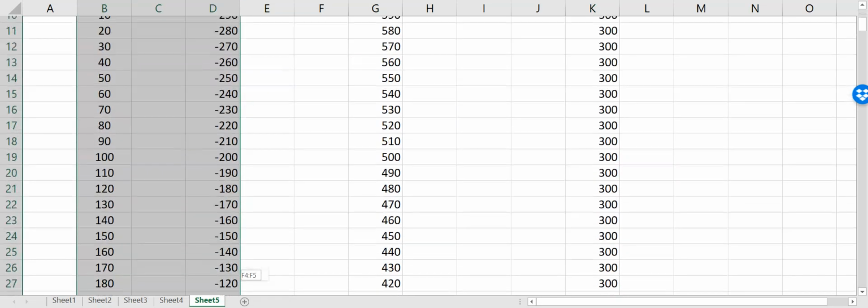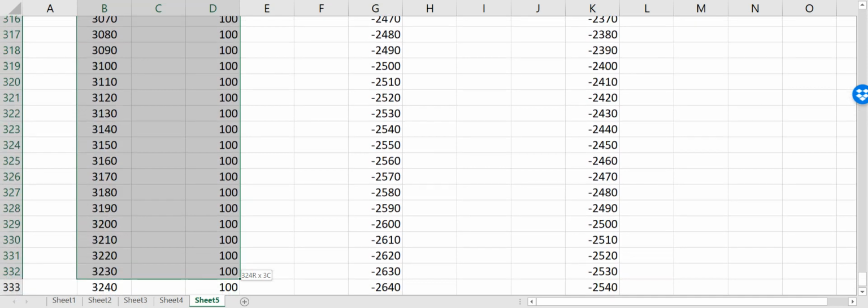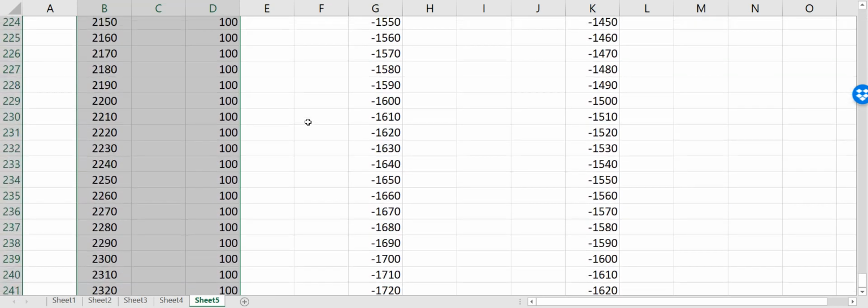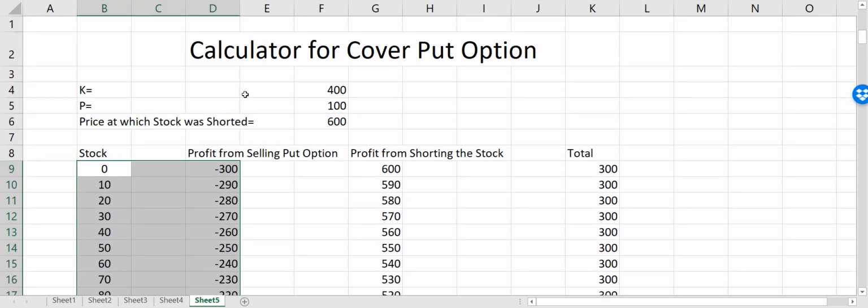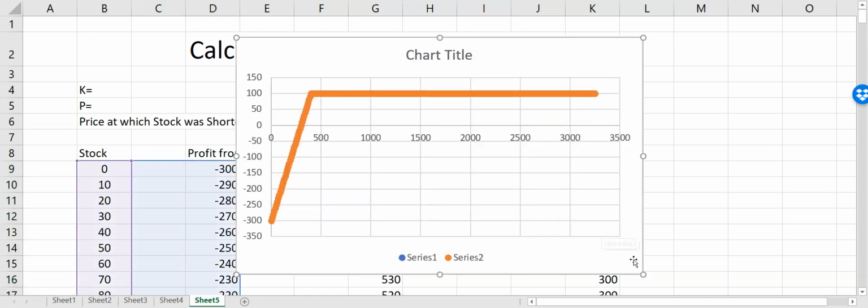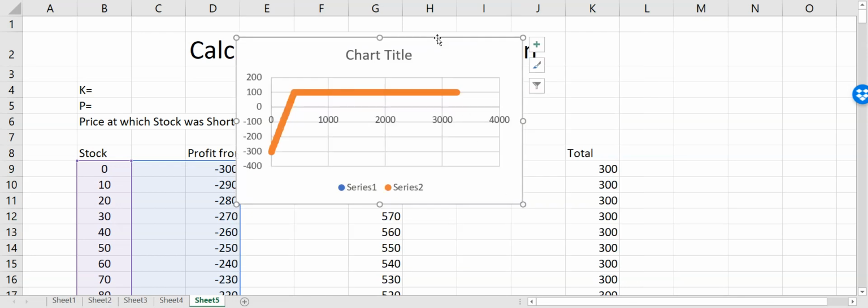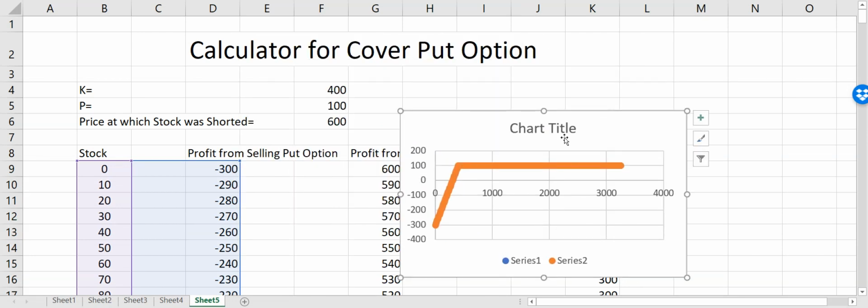So let me first plot the first case. I'll say insert, and this is how my chart will look if I short a put option.